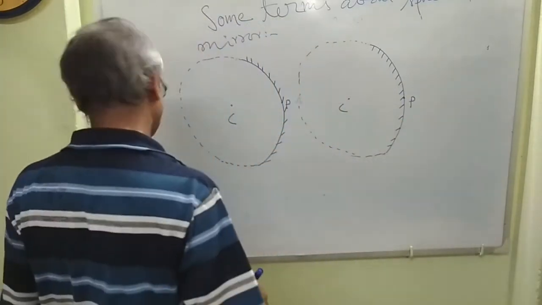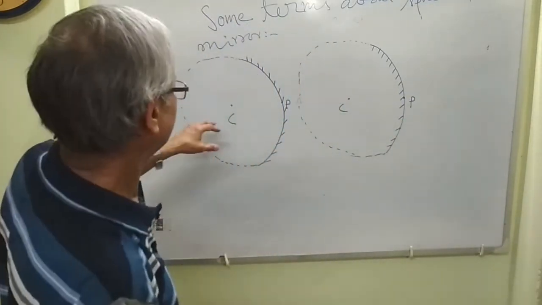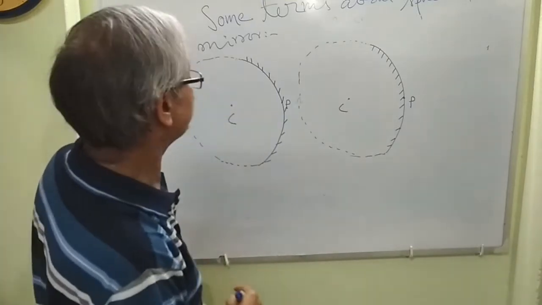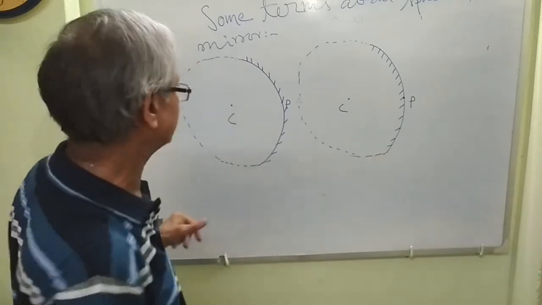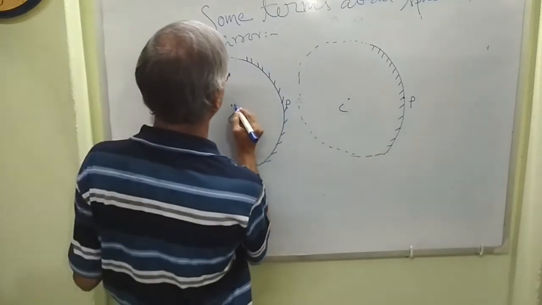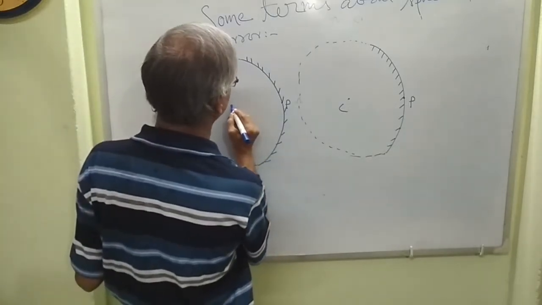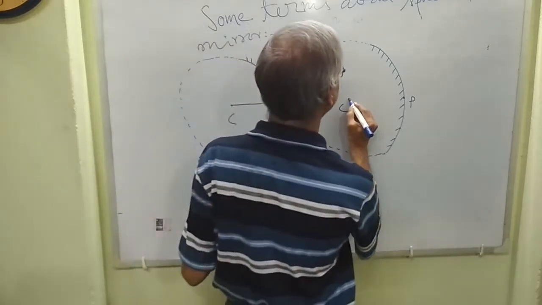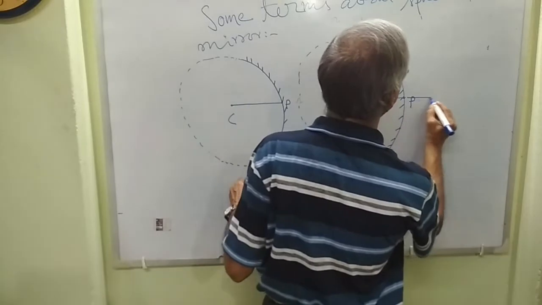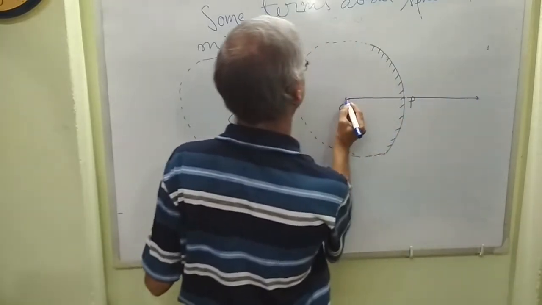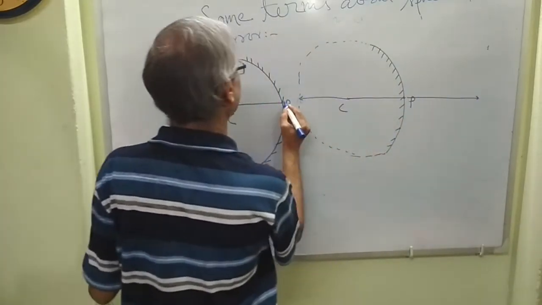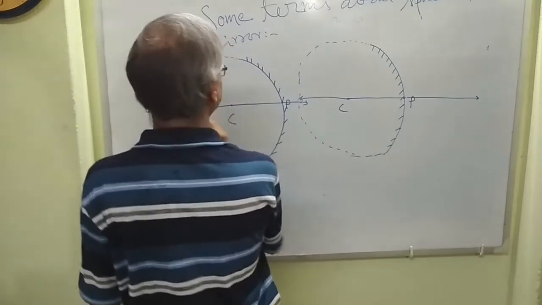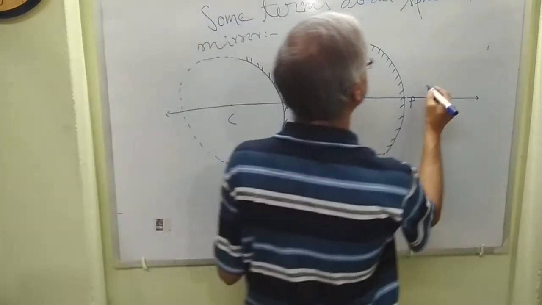Now, we just discuss what is the principal axis of a spherical mirror. If we join the center of curvature and the pole, and extend both sides, then this is called the principal axis.